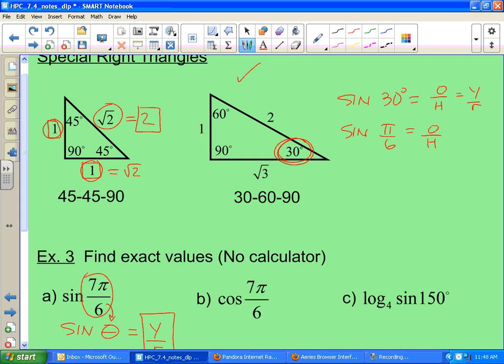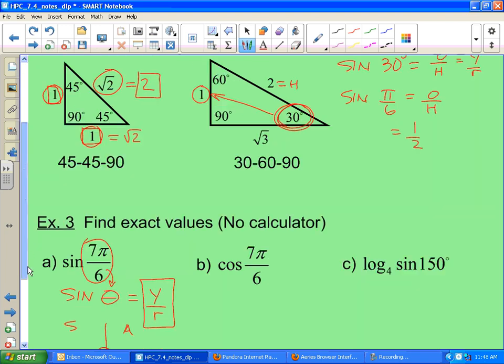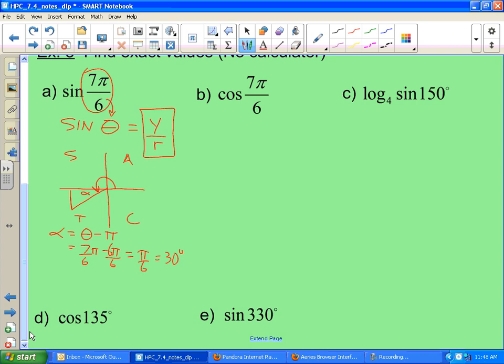We're at 30. 1 over 2. So the 30 degree angle creates an O of 1 and a hypotenuse of 2. So this is a 1 over 2 relationship. But now I have to remember that it's a negative sign. So I'm in negative sign world. So the answer to this is negative 1/2.